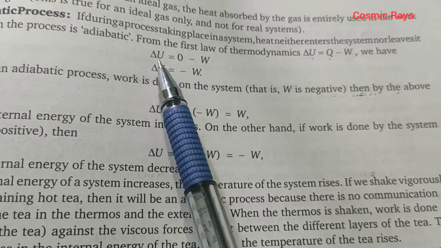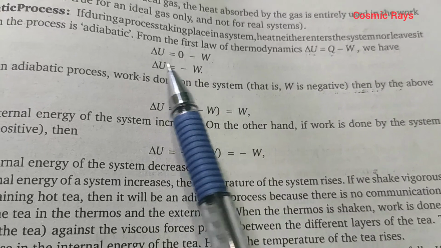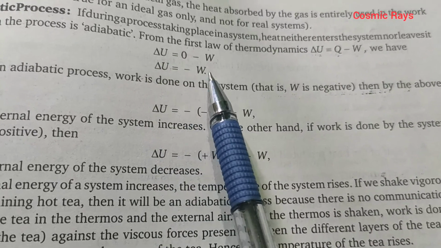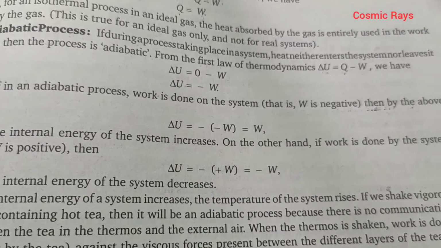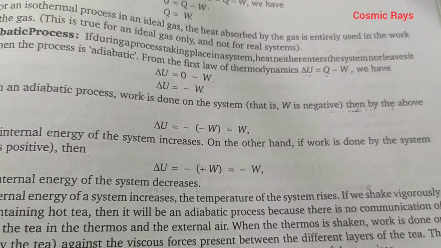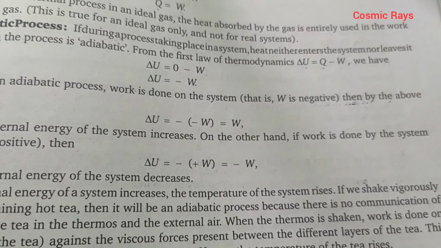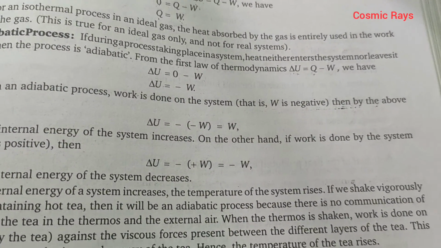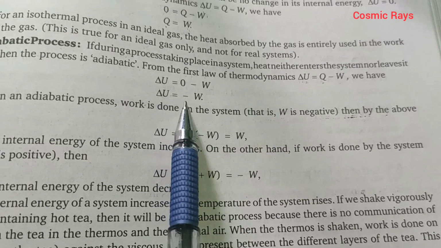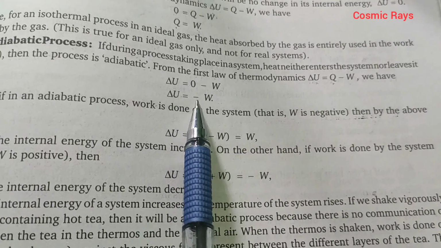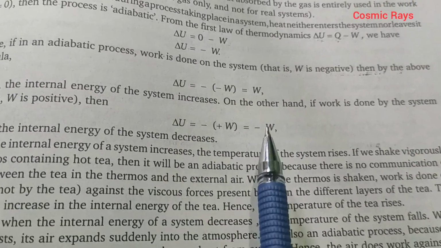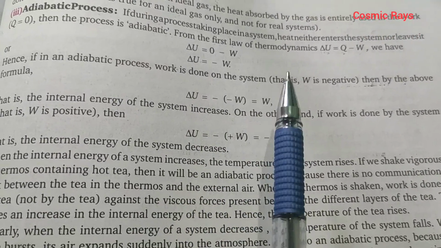So delta U equal to 0 minus W, or delta U equal to minus W. So in an adiabatic process, if work is done on the system, we have a negative sign here, and if the work is done by the system, then W will be positive.